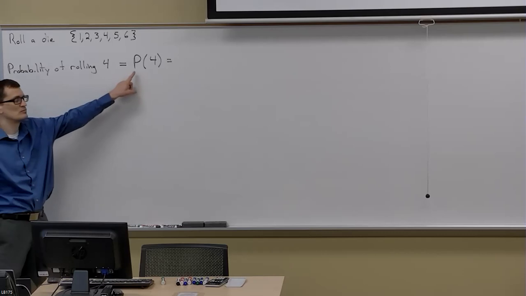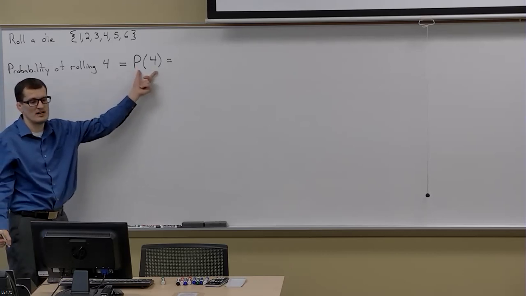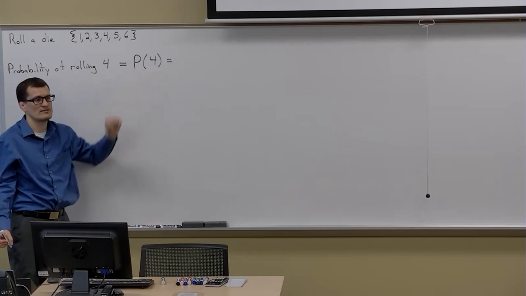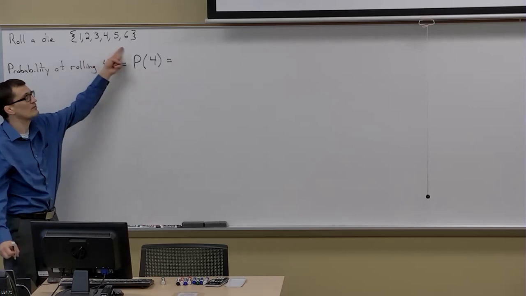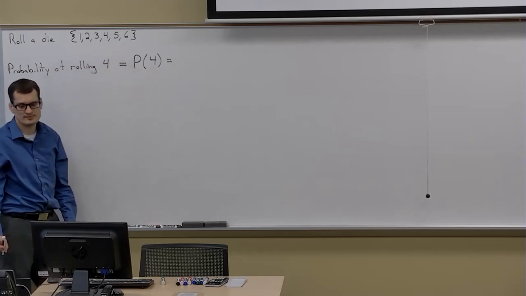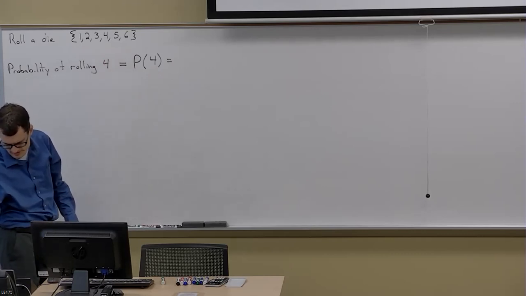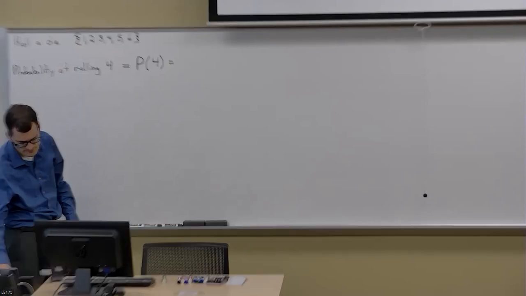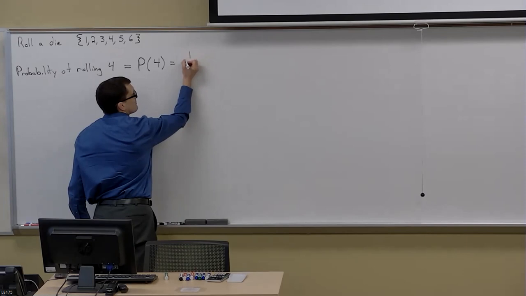So this notation means capital P is probability in parentheses of, and then whatever the event. What would you say the chance of rolling a 4 is? 1 in 6. 1 in 6, exactly. That is classical probability.